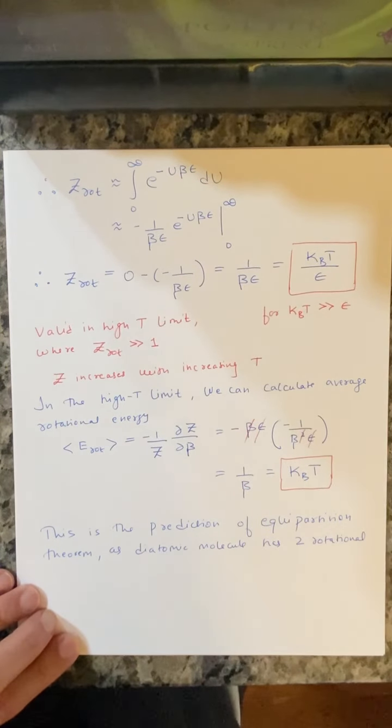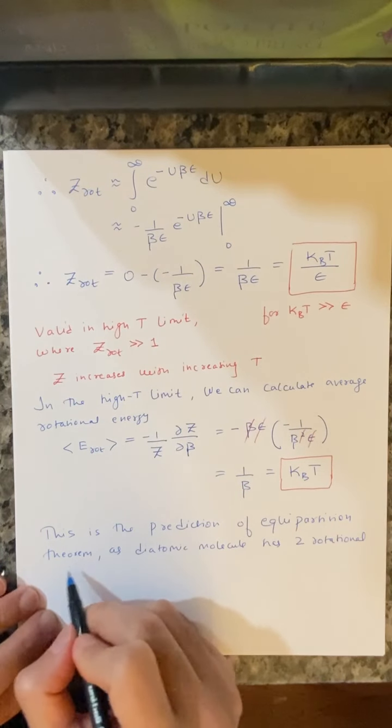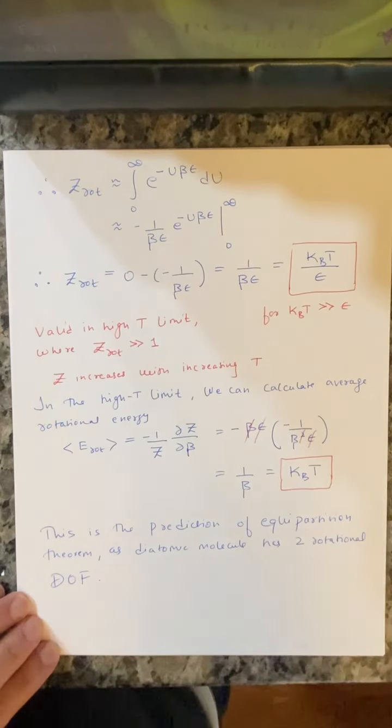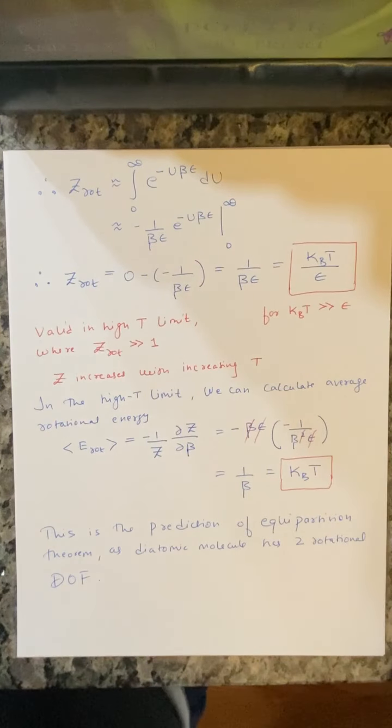I'm only talking about rotational. Do not get confused here. I'm not going to any other modes. 2 rotational degrees of freedom. This pretty much confirms that our way of doing this, by using the advantage of knowing the Boltzmann factors and understanding the partition function, we can also calculate the average rotational energy, in this case for a diatomic molecule, right?